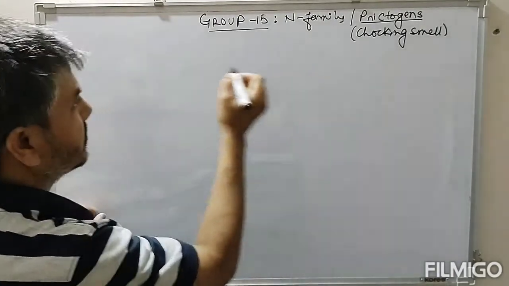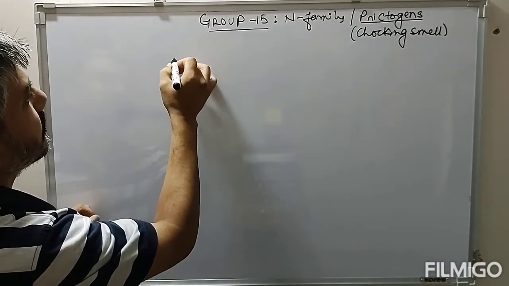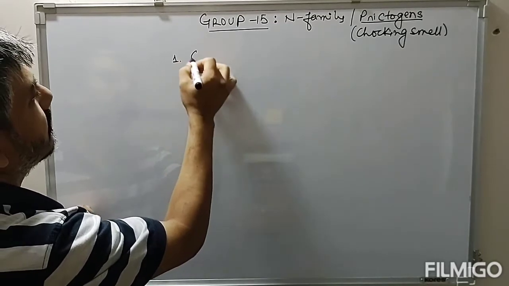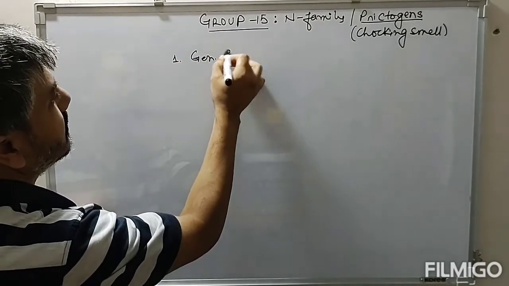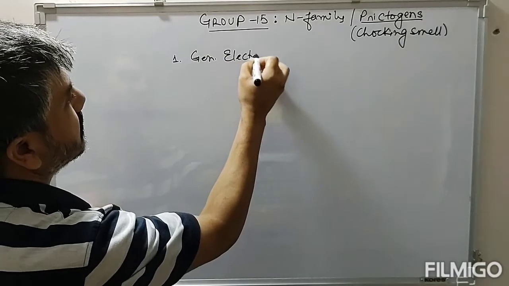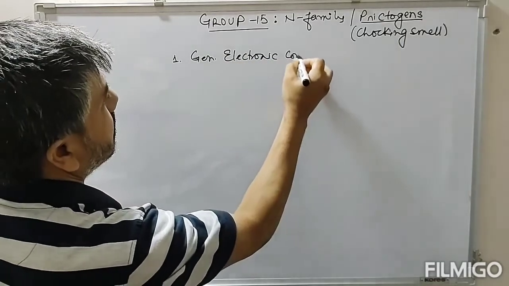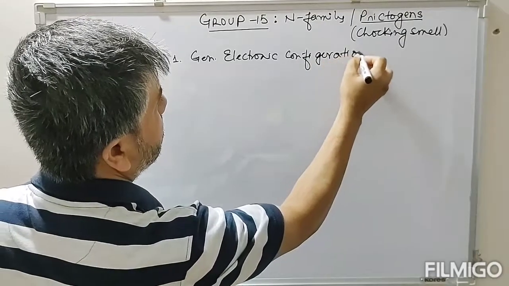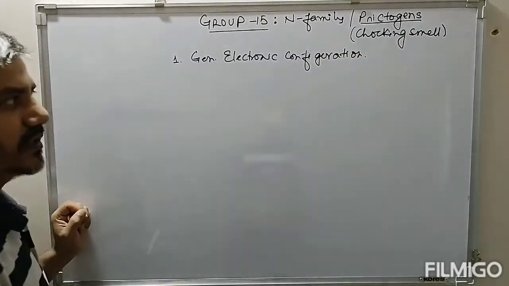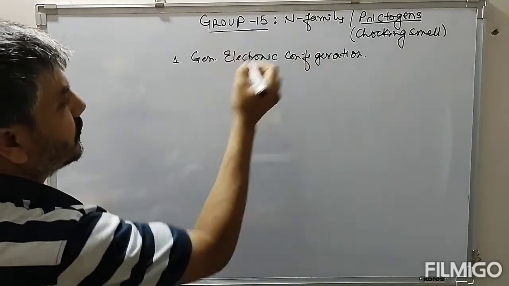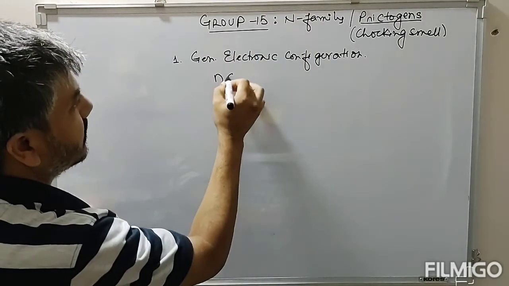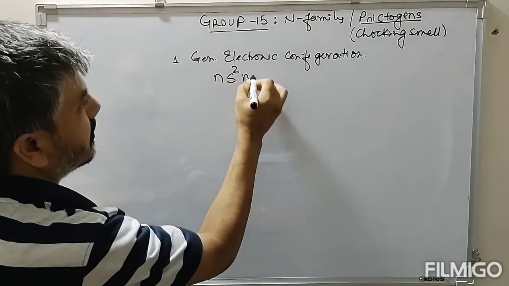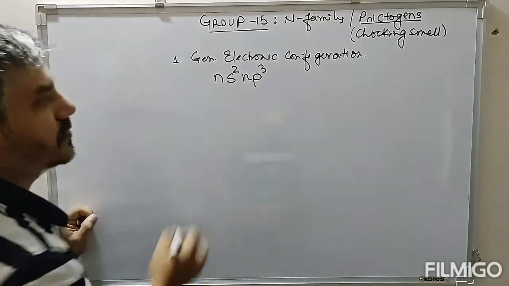So we'll discuss the features. General electronic configuration. Group 15 elements have ns2 np3.